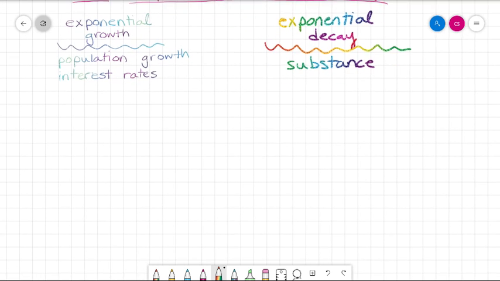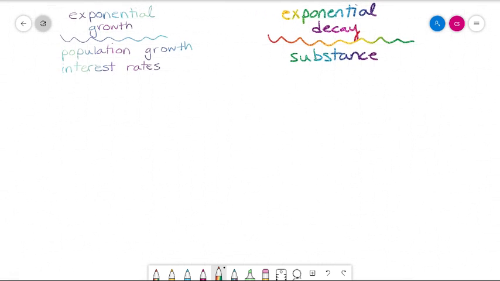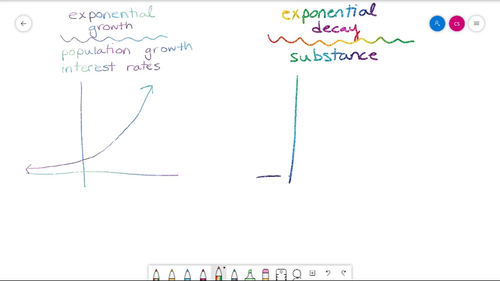Okay, so remember your two exponential functions. Our first scenario for exponential functions is when our base is greater than 1, and we have an exponential function that looks like that. Then our other scenario is when our base is between 0 and 1, and then our function looks like that.